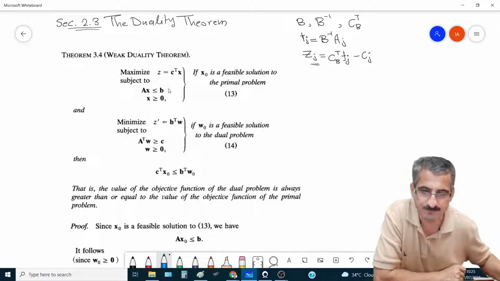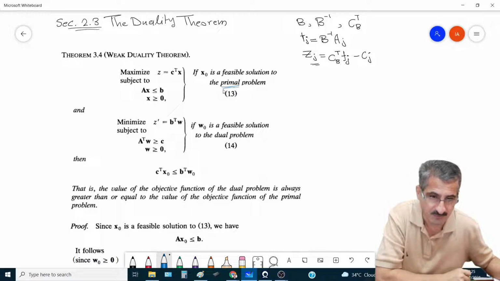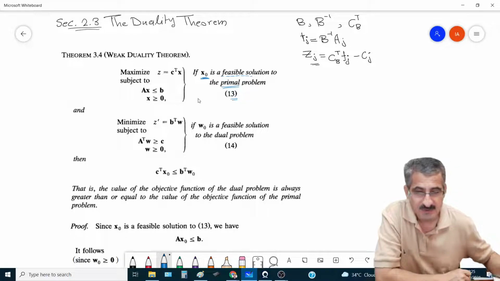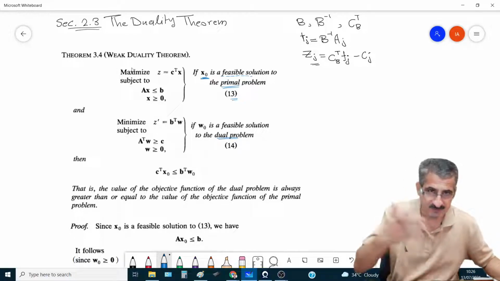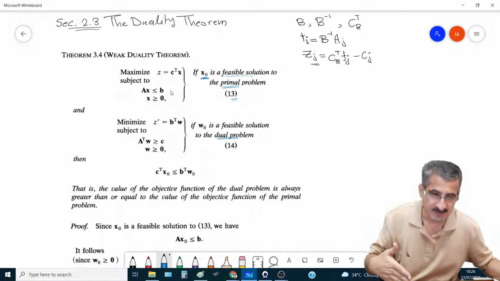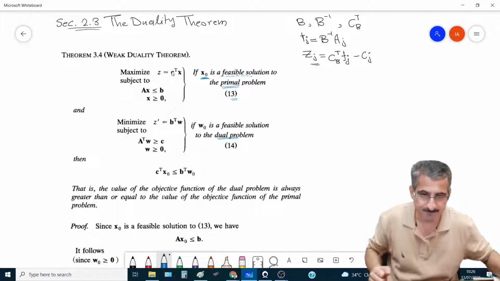Okay, let's go. Assume we have the primal problem here. This is the primal problem, and we call it 13 here. And assume x naught is a feasible solution to this primal problem. And the dual problem, you know, the primal is maximized, the dual is minimized. C and B are interchanged roles, okay?